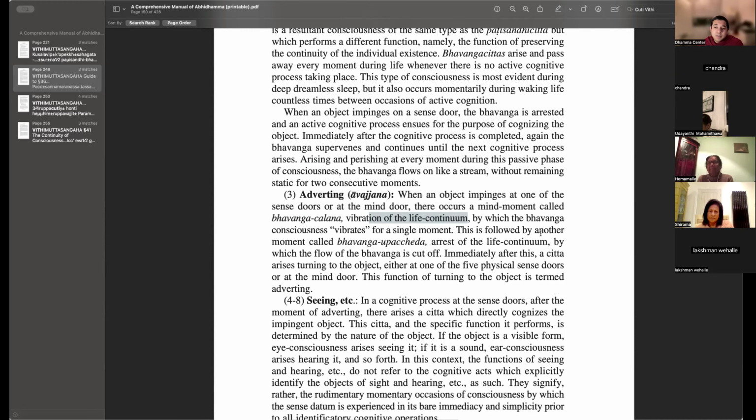This is followed by another moment called the bhavanga upacheda, a resting of the life continuum, by which the flow of the bhavanga is immediately cut off. Immediately after this, a chitta arises turning to the object, either at one of the 5 physical sense doors or at the mind door. This function of turning to the object is termed adverting.